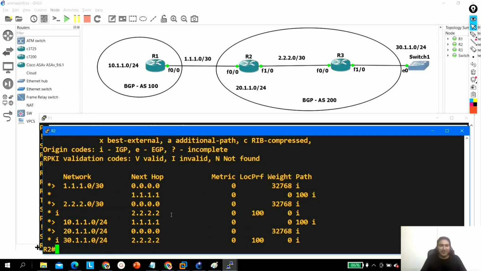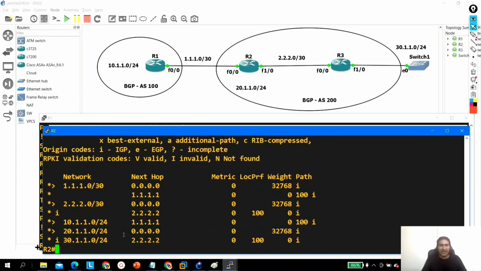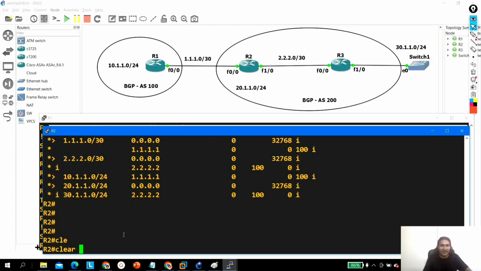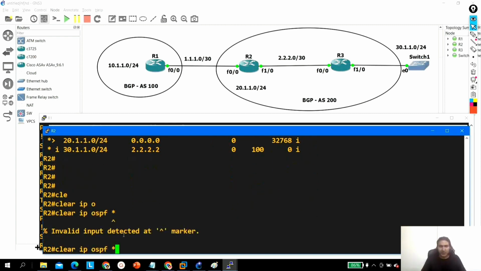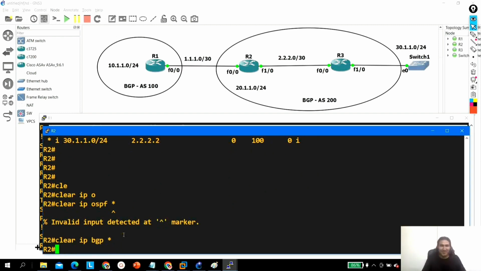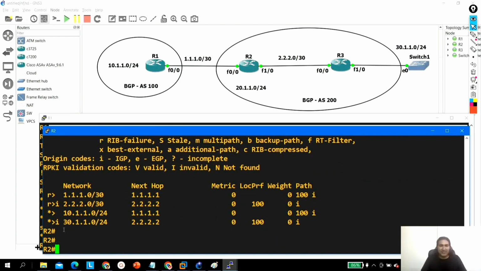So show IP BGP, now you can see, wait for some time, or you can run clear IP BGP star. Oh sorry, not OSPF, BGP. Okay, and now show IP BGP, you can see this one is valid as well as best.